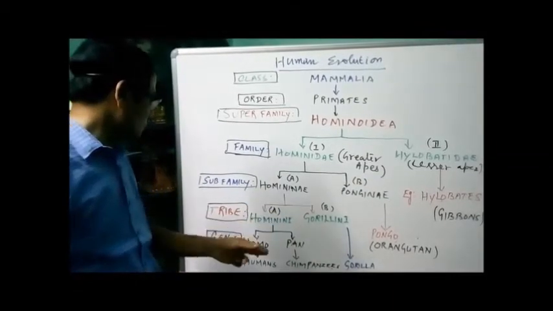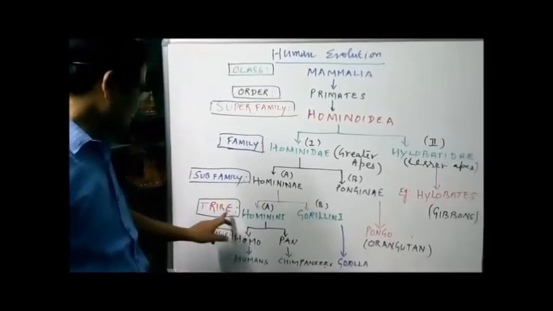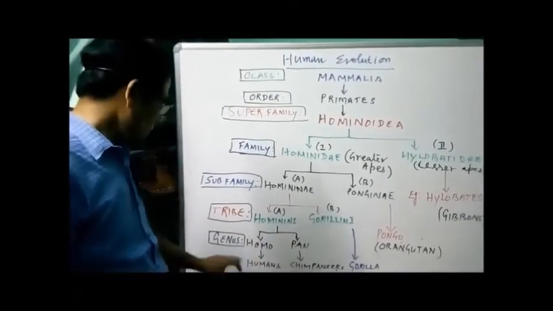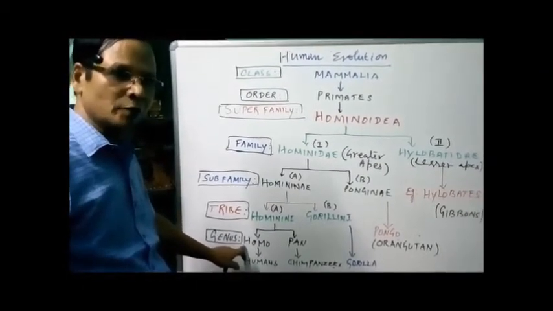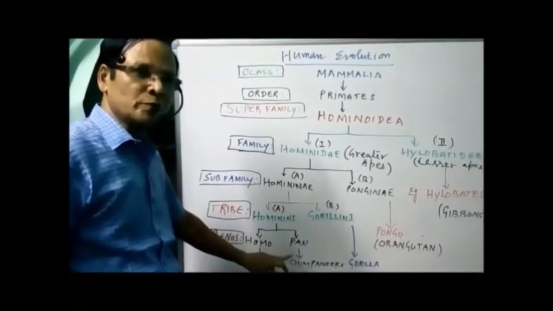So gorillas are included under the tribe Gorillini. Now the tribe Hominini is further divided into two genera. One is Homo, the Homo sapiens, the different types of human beings. Another one is Pan, the chimpanzees.